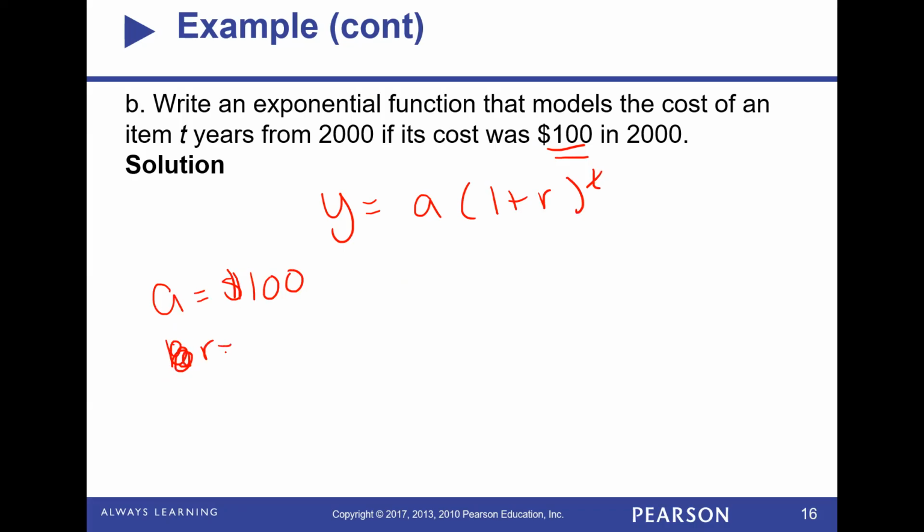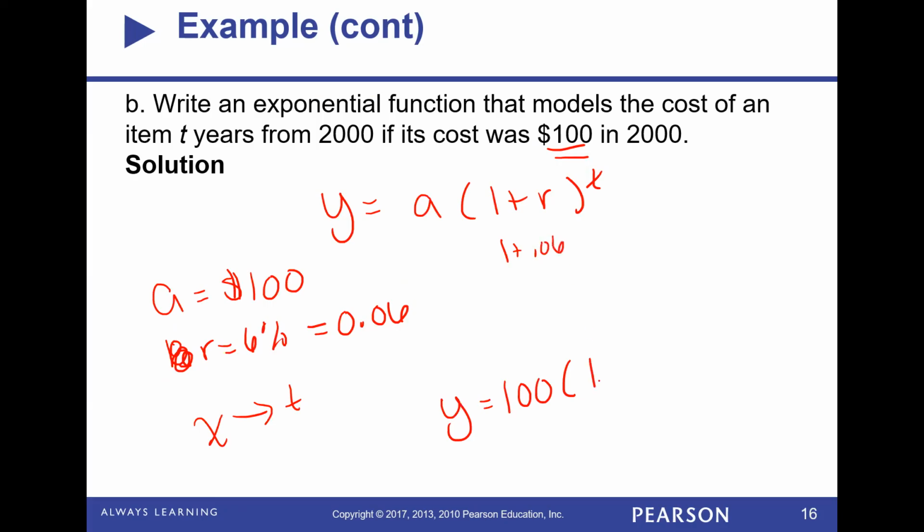My R is still that 6%, which we're going to transform into the decimal format. And instead of X, we're going to change that to a T. So we get Y equals 100 times 1 plus 0.06, which is 1.06 to the power of T. And there goes that final answer.